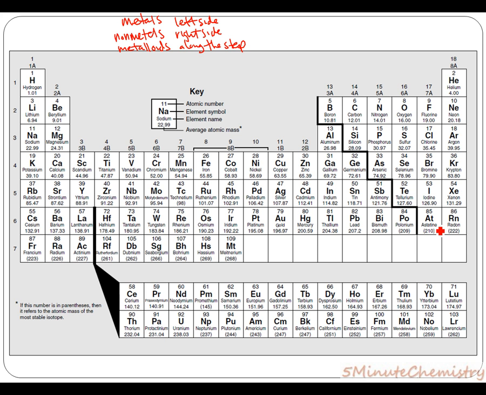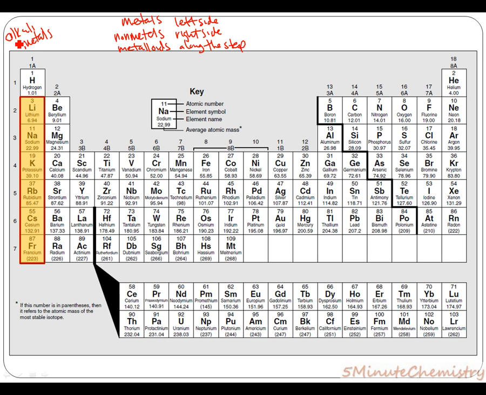We're going to begin by talking about some of the metals specifically. So where I have the outline in red, that outline indicates that the general category of element is a metal. Specifically, this group is known as the alkali metals.